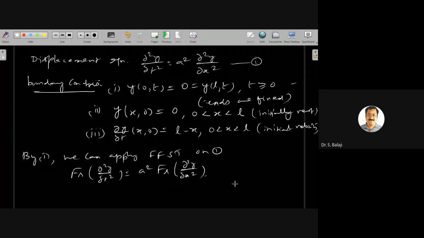The left side is d square by dt square of the Fourier sine transform of y.